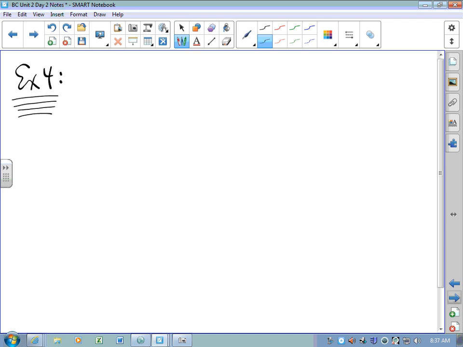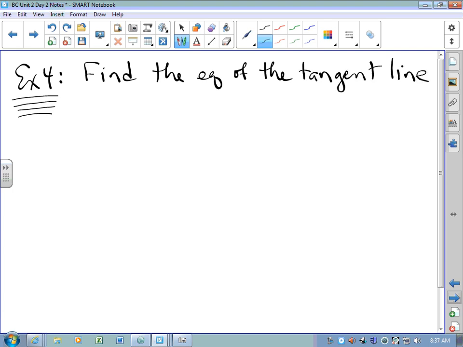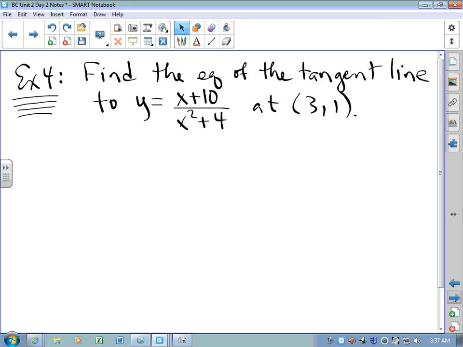I'm skipping right to example 4. Find the equation of the tangent line to y equals x plus 10 over x squared plus 4 at 3, 1.